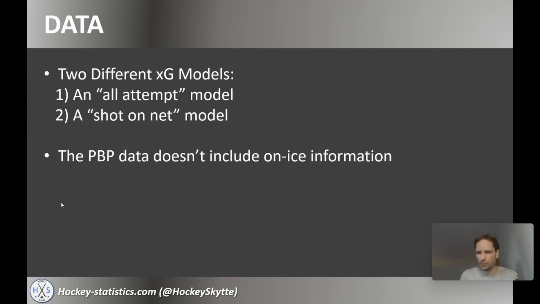Now, there is just one problem with the data, and that is that in the play-by-play data, you don't have the shot on net model. So this means that in the goaltender visualizations, there are some goals saved above expected data where I cannot use the shot on net data, simply because I have to extract that GSAX number, that XG number, from the play-by-play data.